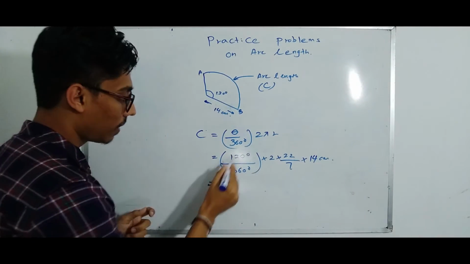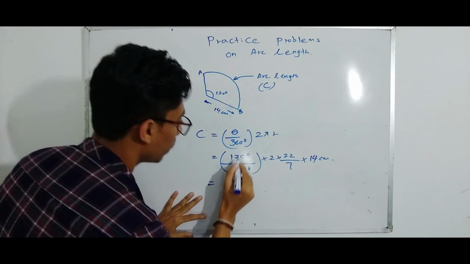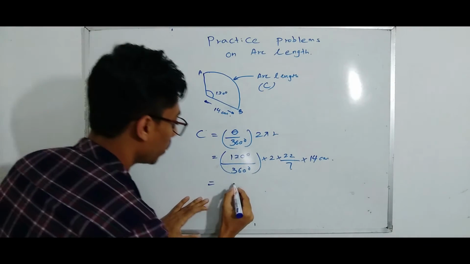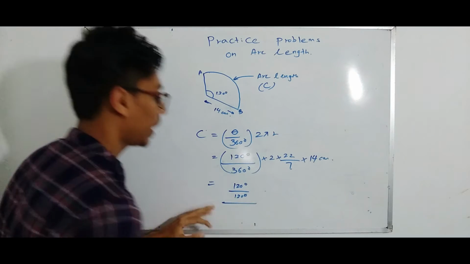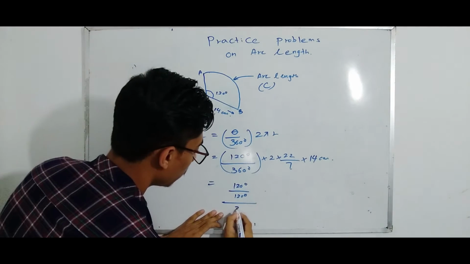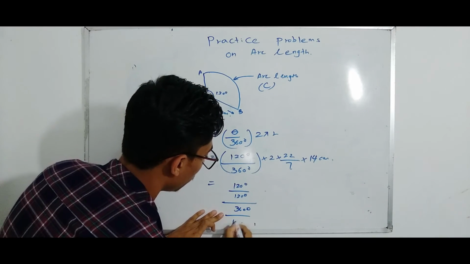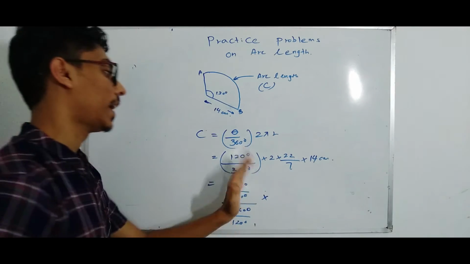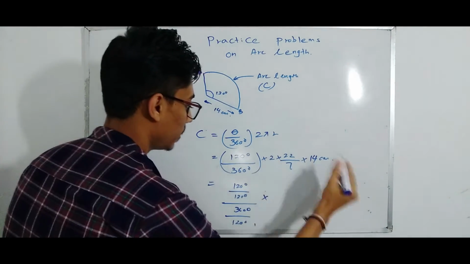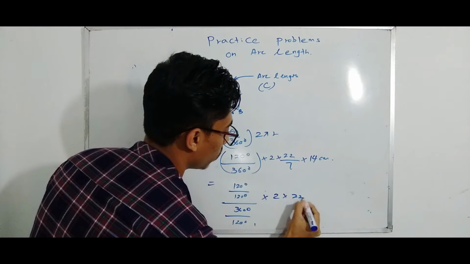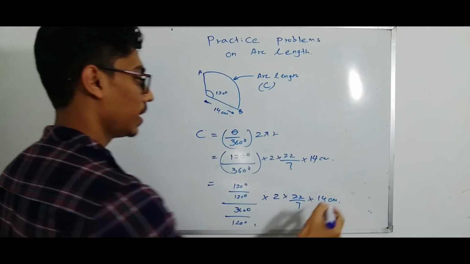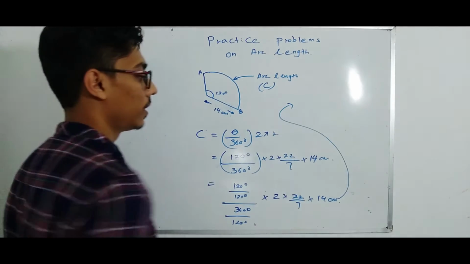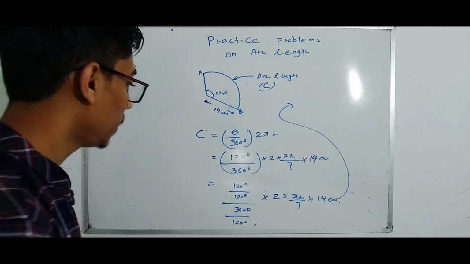And again I can divide this as usual. I can divide this 120 by 120, and I can divide this 360 by 120 again. I have the rest of my equation on this side: 2 into 22 upon 7 into 14 centimeters.